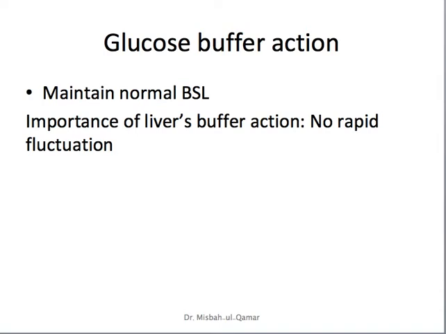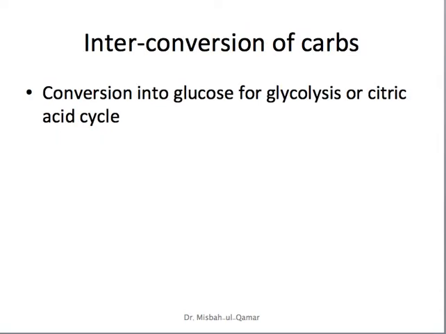The importance of liver's buffer action can be seen in a person with poor liver function, where the glucose level after a carb rich meal may rise 2 to 3 times. Another service liver provides is interconversion of carbohydrates, like the conversion of galactose and fructose to glucose.